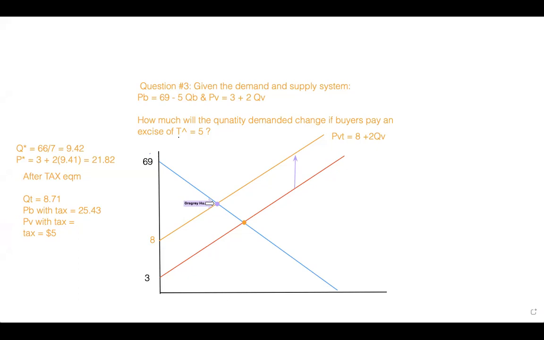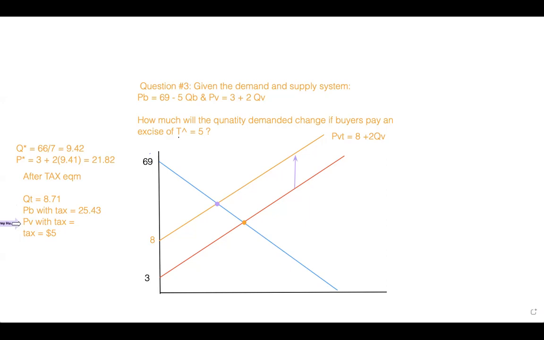So I don't know if that helps, but is it clear what I'm pointing at and what I mean now, Brian? Yeah. And I said this language is unfortunate because when I say the buyer's price with the tax, I'm not really talking about whether the tax is included in the price or not. I'm just talking about once there's a tax in the market, what price will the buyer end up paying for the good?